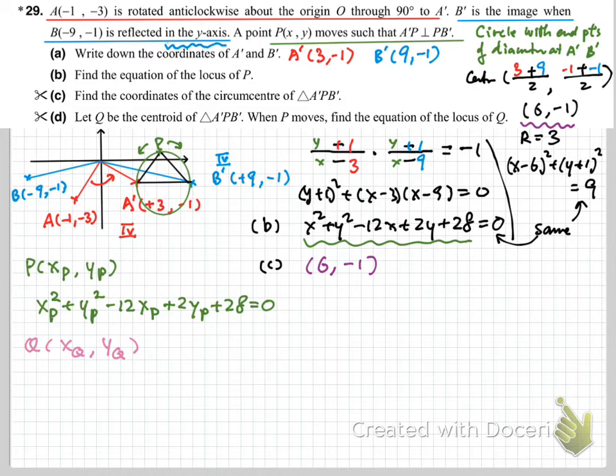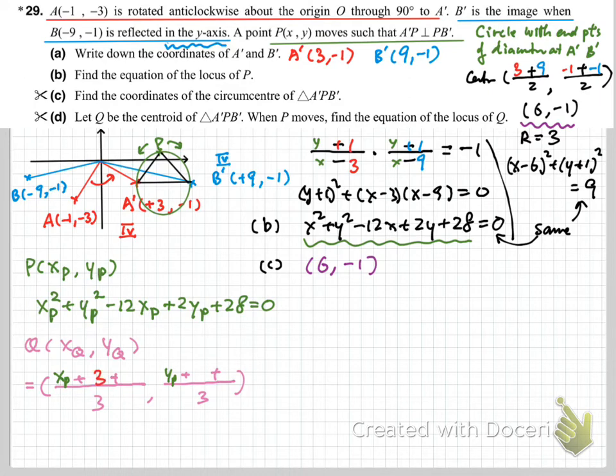Now, if we want to do the median calculation, that will be too complicated. There is a shortcut that is extremely helpful. We know that the coordinate of the centroid will be just the 3 vertices added up divided by 3. Alright. xq, yq will be the centroid, and the coordinate will be, we add up the 3 vertices and divide by 3, not 2, divide by 3. So we add up xp, yp, and we add up A prime.